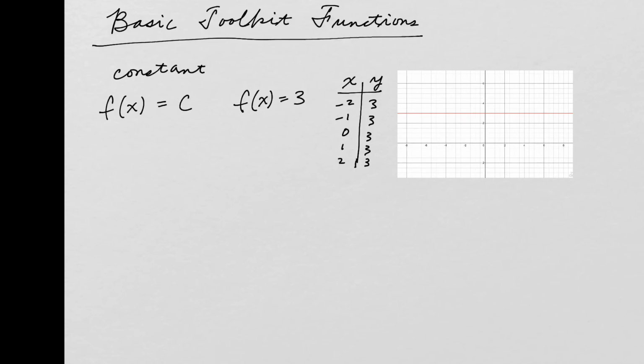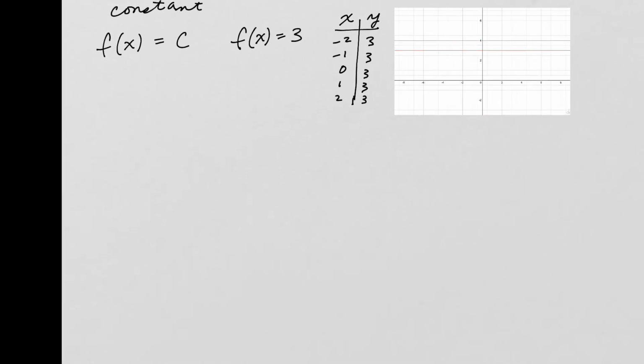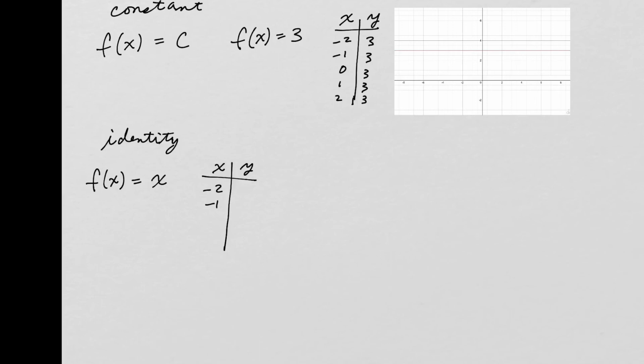Okay, the next type of function that comes up all the time is called the identity function. It has the form f of x equals x. So for example, if my inputs are again -2, -1, 0, 1, 2, the outputs are going to be the same, right? -2, -1, 0, 1, 2.